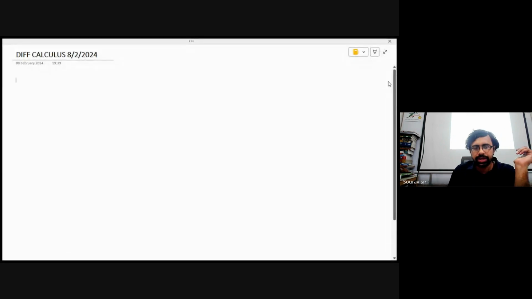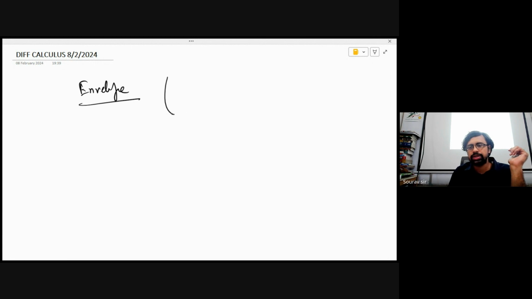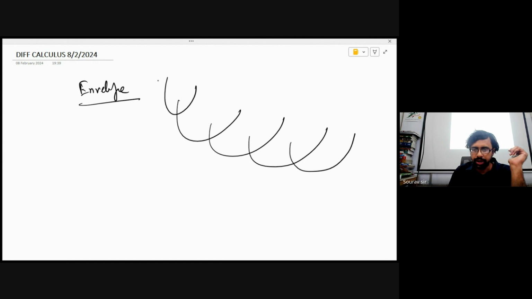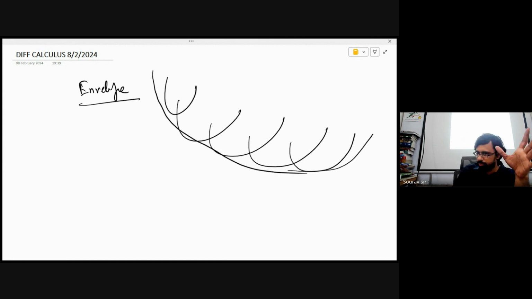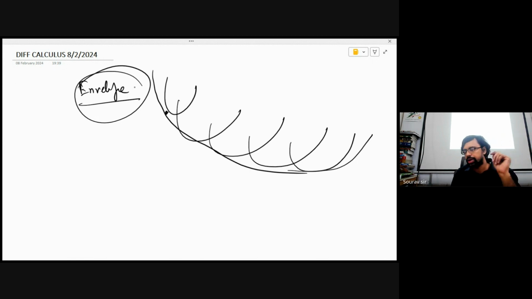For example, they give you an envelope structure. There is a set of equations, all intersecting, and now you take an envelope of the entire curve, something which touches but doesn't intersect. So this is the envelope basic. Two things: the concept of envelope and how you can incorporate it.